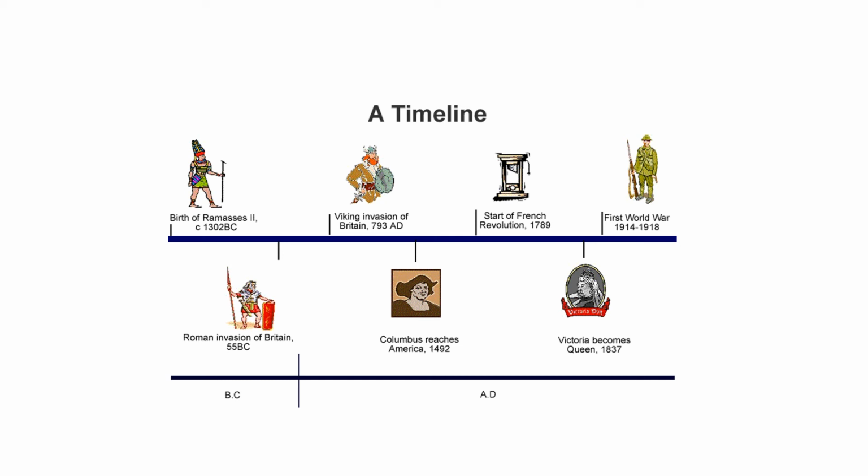In which different events are placed in proportion to where they are to one another, and these events and this timeline stretch backward in time to infinity. There's really no beginning to a timeline. I mean, it's implied that there is no beginning. There's always something before where it starts, and it stretches forward to infinity.